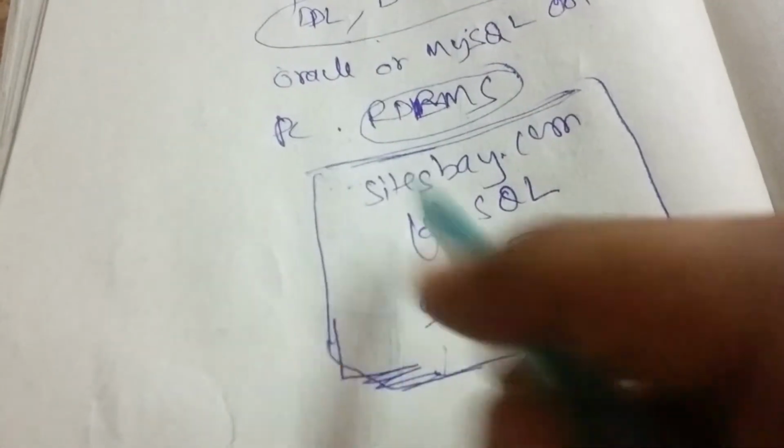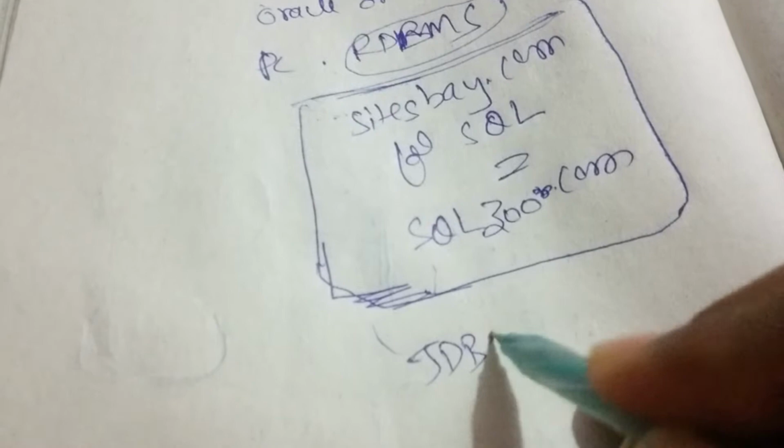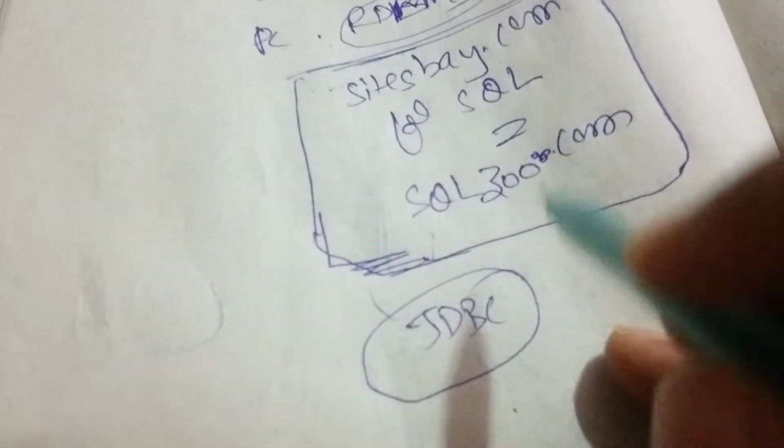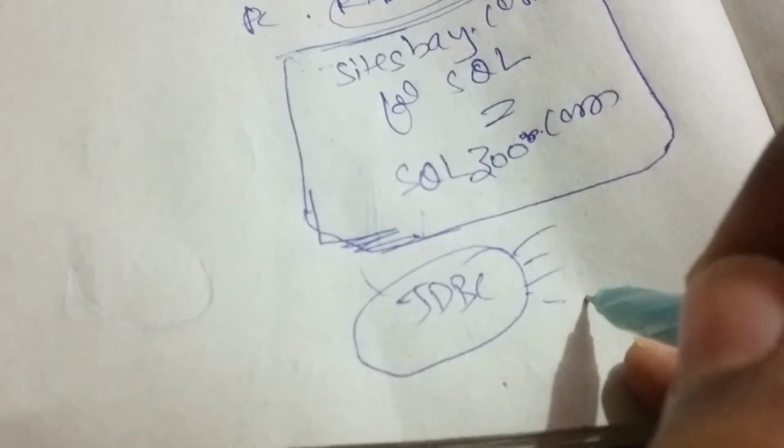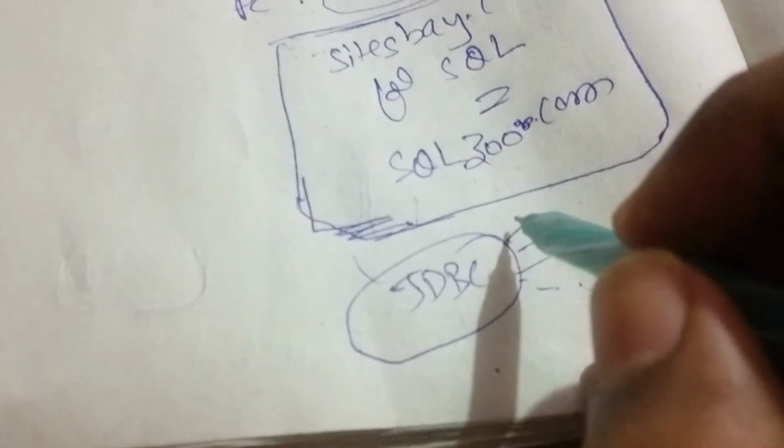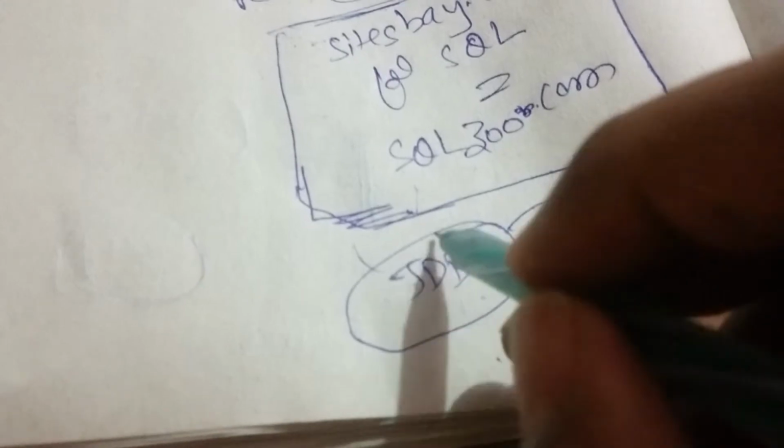Write the SQL queries, and after learning SQL, learn about JDBC. I mentioned Java, right? What are the different types of drivers in JDBC? How can we connect our Java program to JDBC? How can we do operations on it? Learn JDBC.